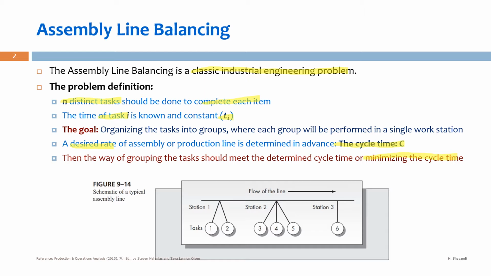And another criterion here is having a balance between the workstations. I mean, the total processing time in workstations should be as close together as possible. Okay, so this is why we have the word balancing here.